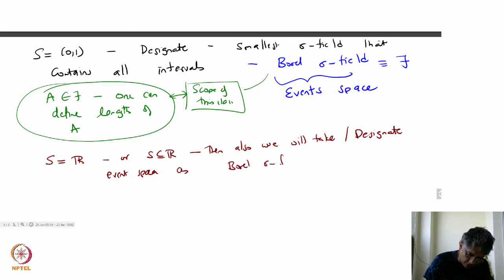That is the smallest sigma field that contains all intervals in S. That's one thing we will do. So that's going to be our working space now. The event space is going to be sigma fields.